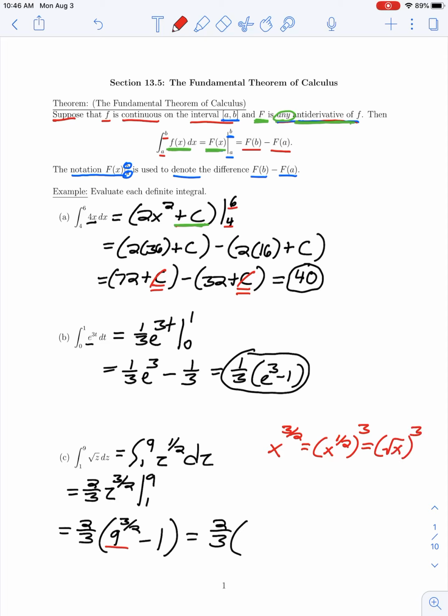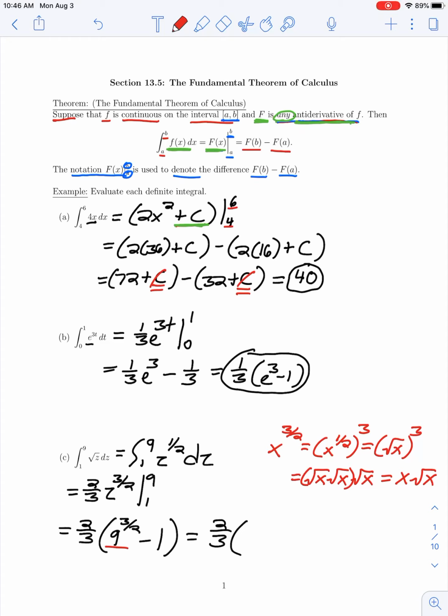So here we would have the square root of x cubed, or in other words, square root of x times square root of x times square root of x. But if I multiply the square root of x by itself, if I take just the product of those first two, I would have x, and then I'm multiplying on the end by the square root of x.